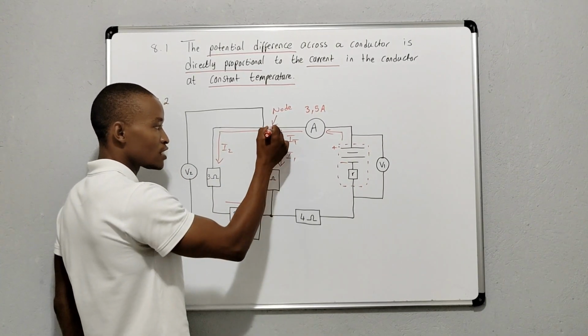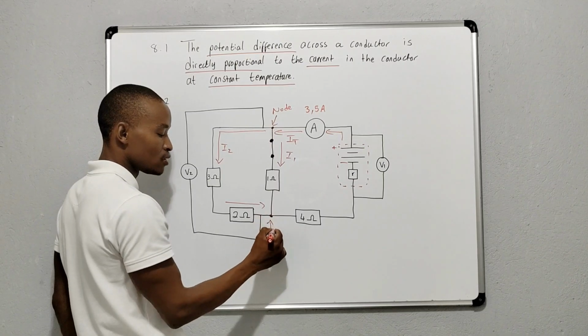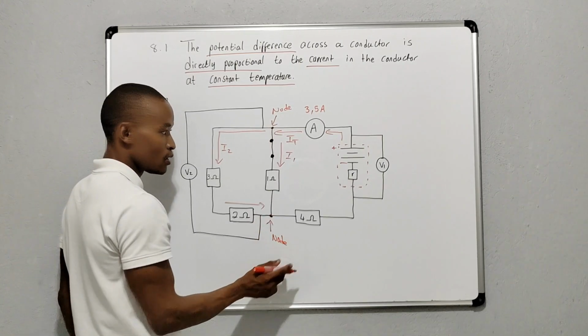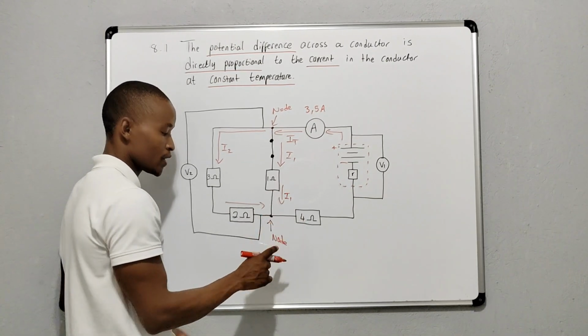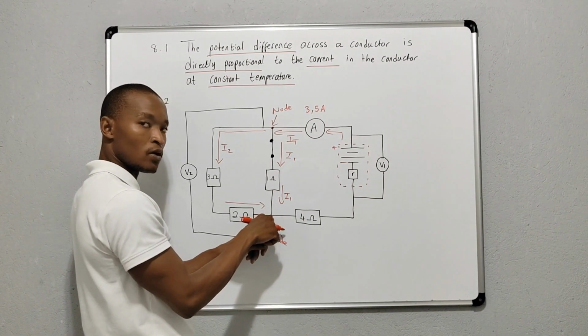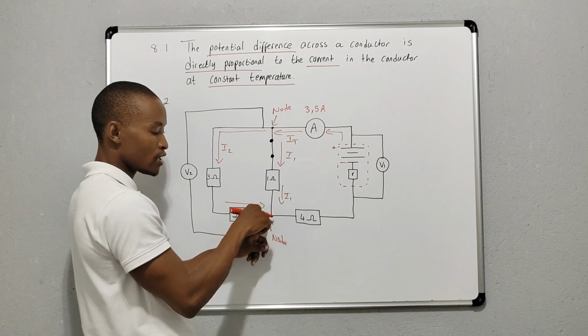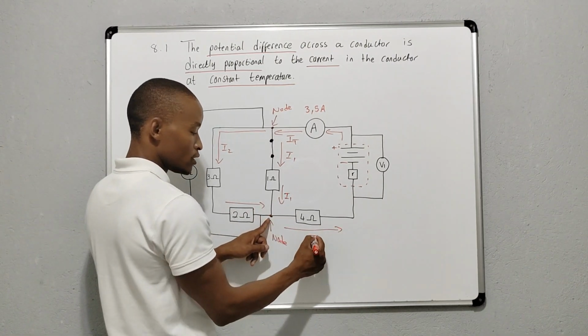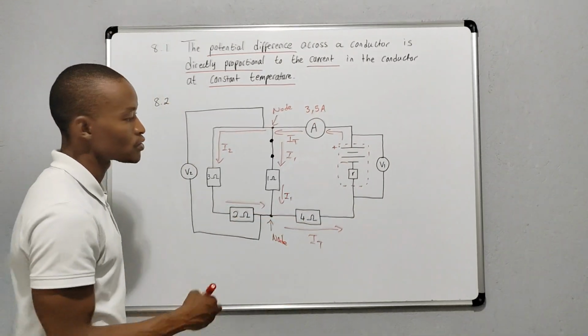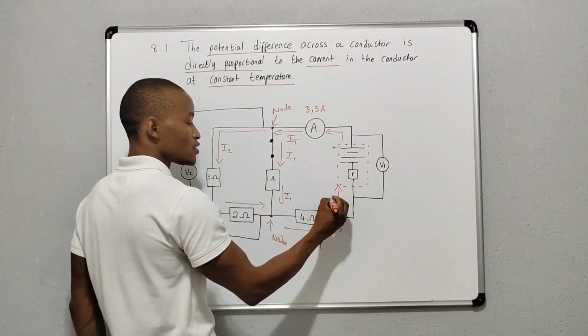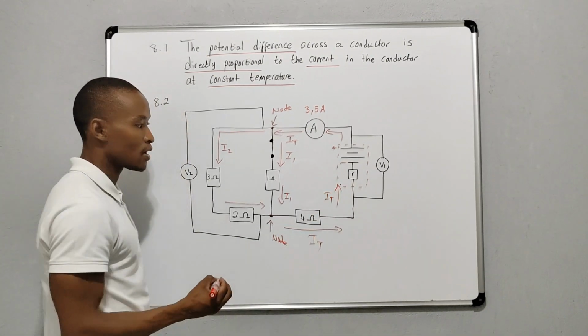So this is the entrance node and that is the exit node, okay? And what will happen? It will meet I1 here, at this node. So I1 plus I2 will give us what here? Give us the total current here going back to the power source or our battery, if you like. So that is the circuit analysis that we've got.